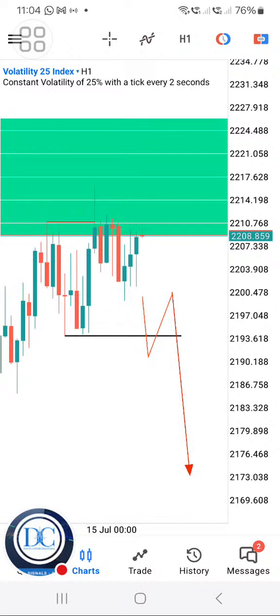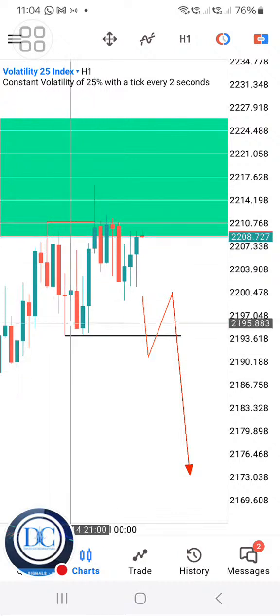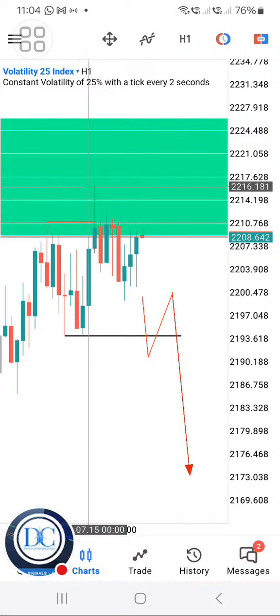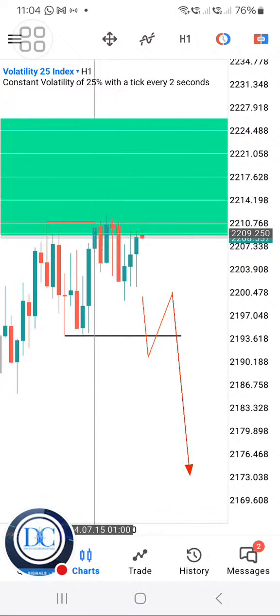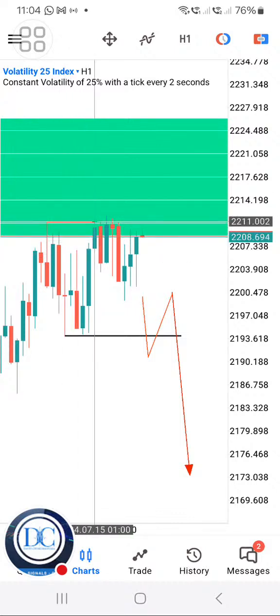Price gave us a break of structure. This was our previous high and low. Price created a higher low, pushed up, and created a new high. But when price reached this order block, we can see on the 1 hour a very big shooting star here with a big wick.